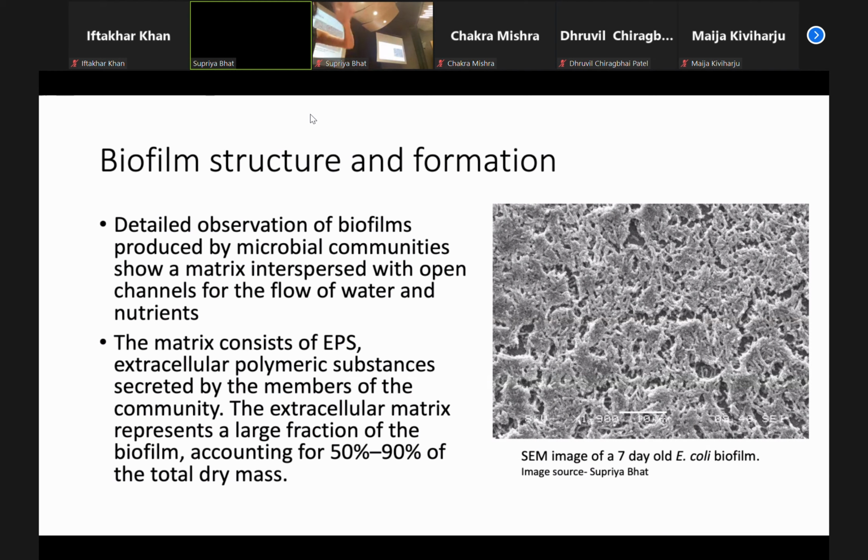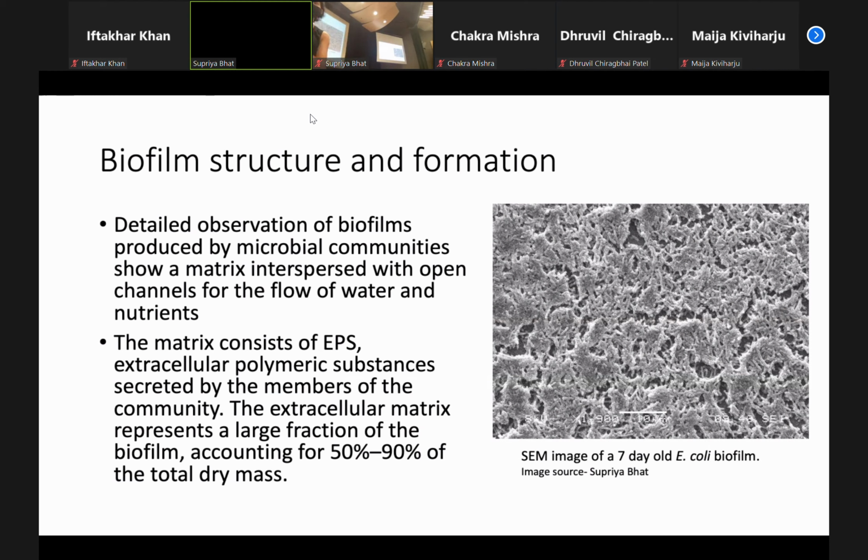So the bacteria swimming then attaches itself to a surface, it divides and produces more slime, and then the biofilm essentially becomes thick that way. And then it recruits other organisms, could be even a fungus, or could be other species of bacteria. And then the biofilm becomes more complex and a very organized structure.